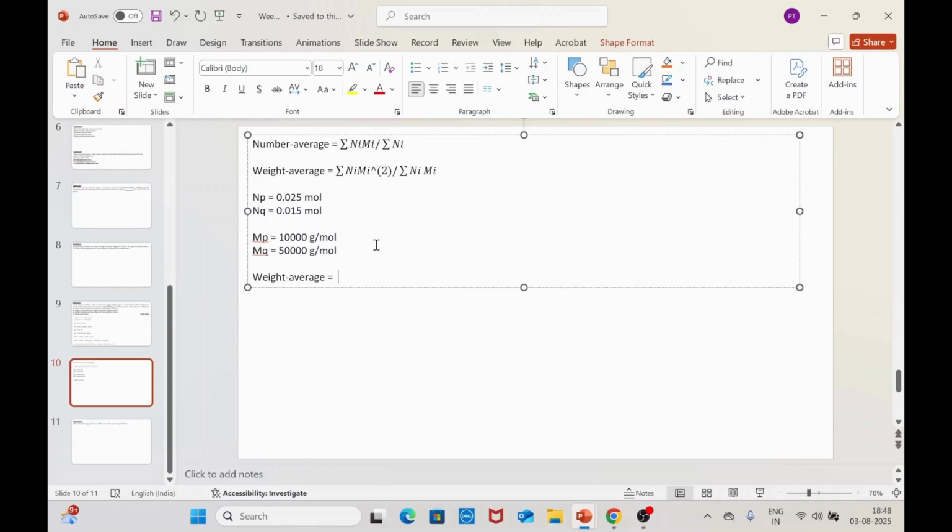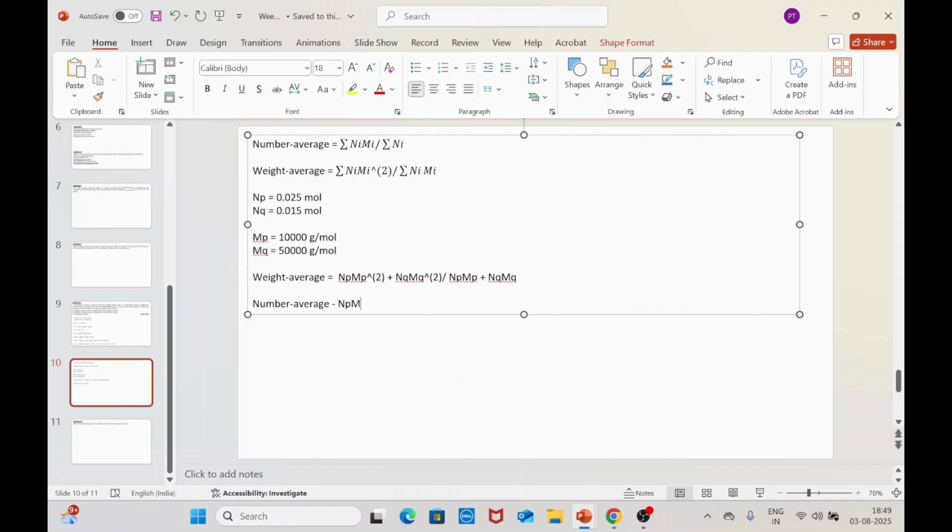So NP MP square plus NQ MQ square by NP MP plus NQ MQ. So now I hope you will be able to calculate.